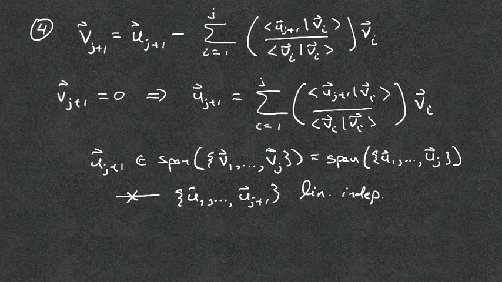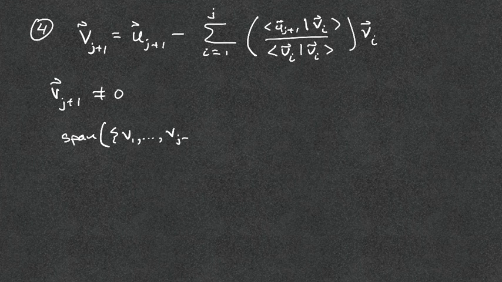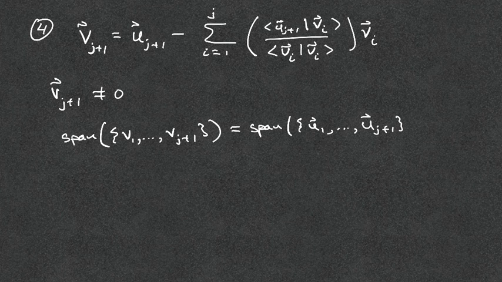And so we have to conclude that our v sub j plus 1 is not going to be 0. And again, having this reversible equation between the u sub j and the v sub j means that the span of our set v1 up to v sub j plus 1 is going to be equal to the span of u sub 1 up to u sub j plus 1.